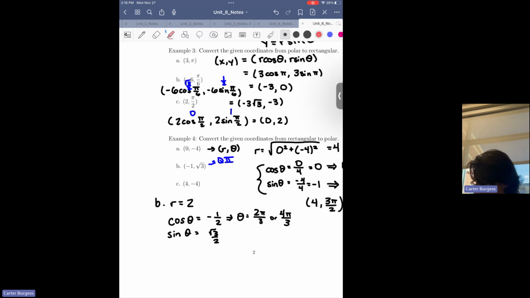But which one is the quadrant 2 angle? 2π/3. And so we absolutely could be done there. But for the sake of showing, if we compared what we get from sine of theta, we would get either π/3 or 2π/3, where notice that 2π/3 is the only theta that is shared between the two.